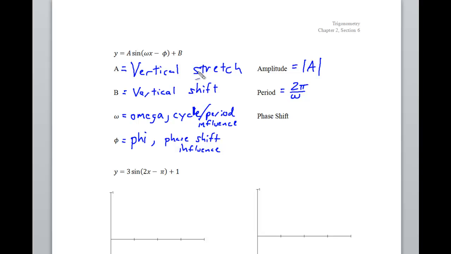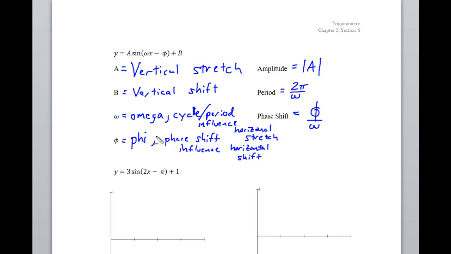So if you want to think of the vertical stretch and vertical shift here, this would be more of the horizontal stretch, or omega, and phi would be the horizontal shift, left to right. To perform a phase shift, you're going to take your phi and divide it by your omega.